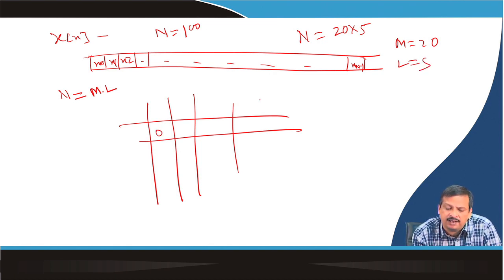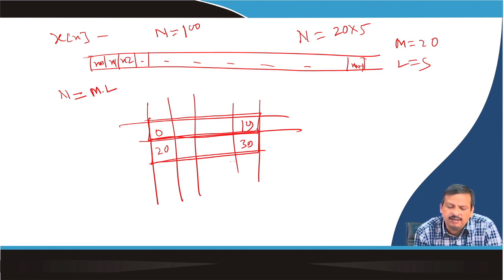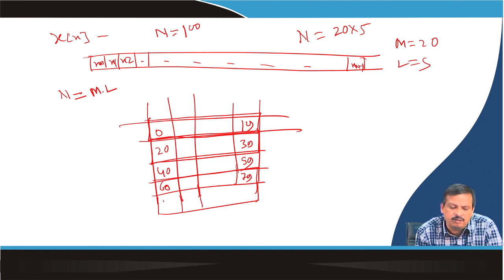So, 0 to 19 samples will occupy the first row, then 20 to 39 samples occupy the second row, then 40 to 59 samples will occupy the third row, and then 60 to 79 samples, then I can say 80 to 99 samples. It is not 100, it starts from 0, so it is 99.